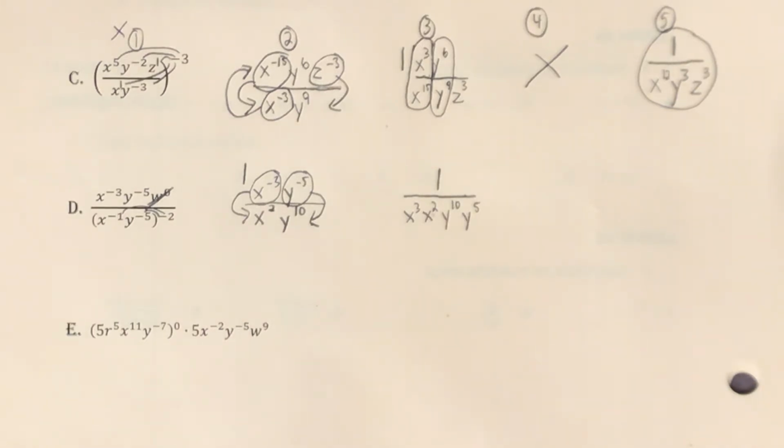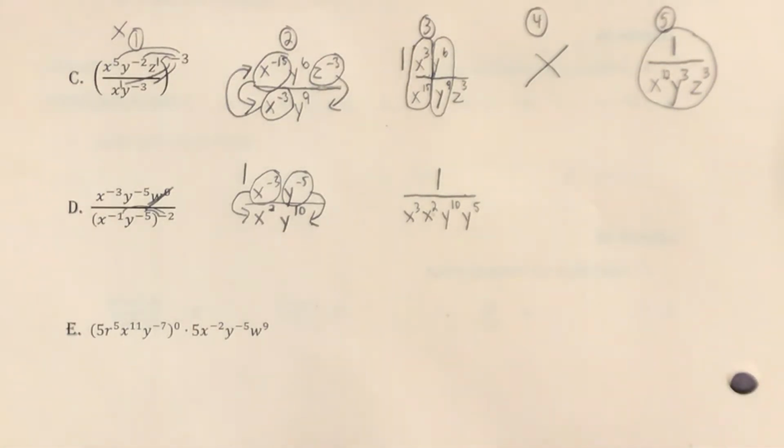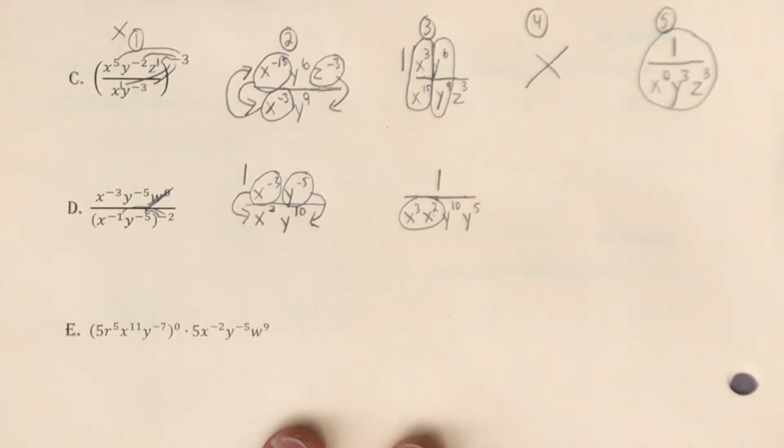Now product of powers, for that to be taking place, we have to have the same base on the same side of the fraction. Well, the top only has a 1, so we don't have to worry about it there. So we're really just looking at the bottom. Do I have the same base? Well, I see that I have two x's listed, so I'm going to combine those.